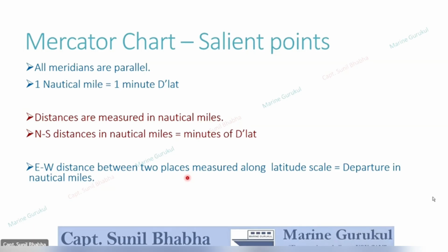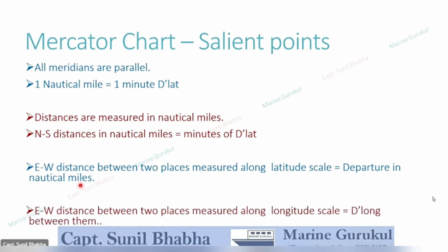But if you measure the east-west distance along the latitude scale, it will give you the departure between them in nautical miles. So these were some features of the Mercator chart, which will help us in constructing a small part of it on our answer sheet.